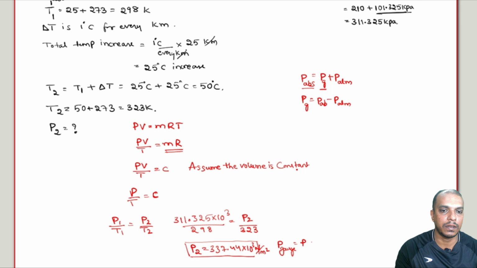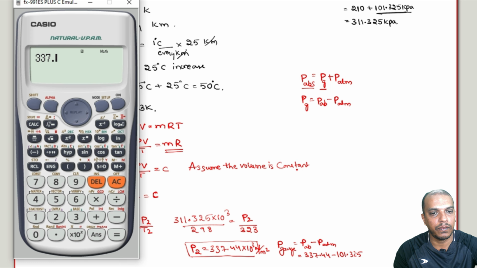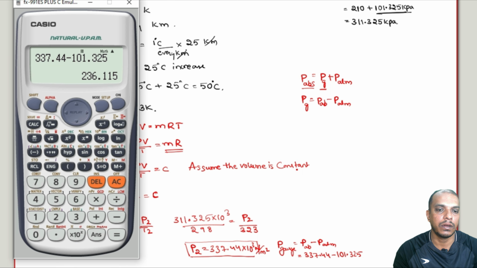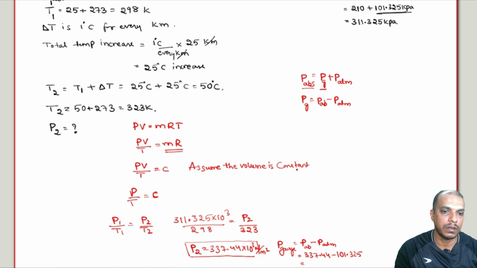So, absolute is here P2, absolute minus atmospheric pressure, which is 337.44 kilopascal minus 101.325 kilopascal. 337.44 minus 101.325 is 236.115 kilopascals.